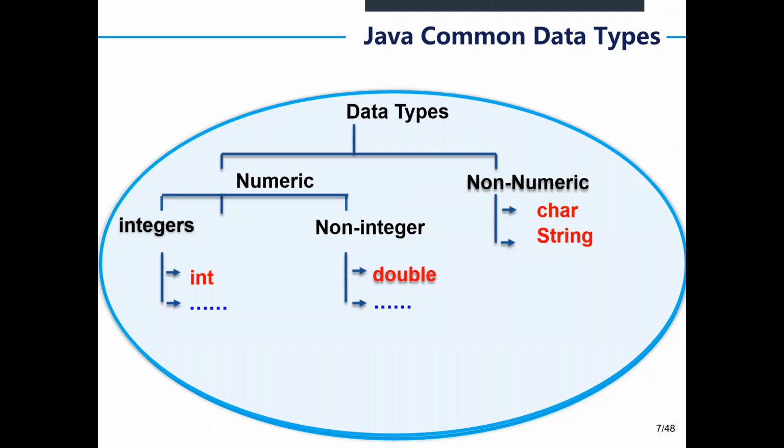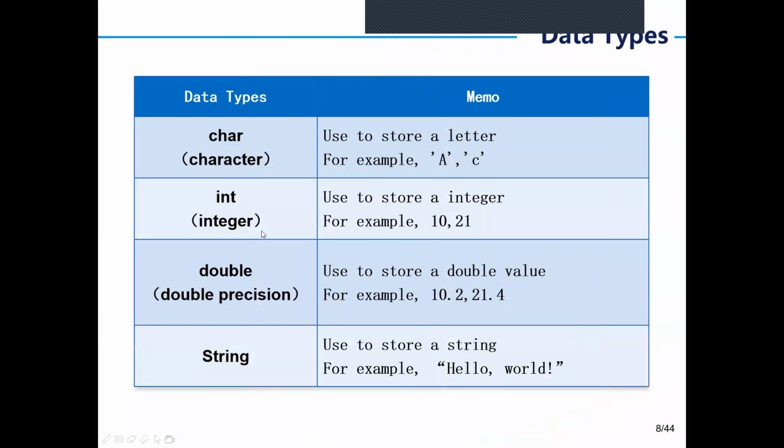We have already learned many data types in C language, for example, char, int, double. And in Java, there are many new data types, for example, String, which is used to store a string.